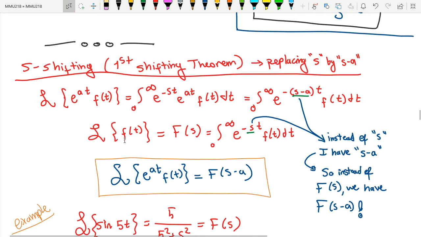And Laplace of f of t is going to be capital F of s, from 0 to infinity. That's my general definition.